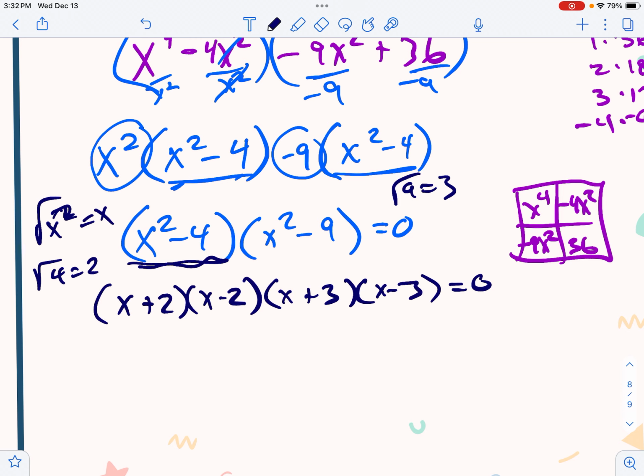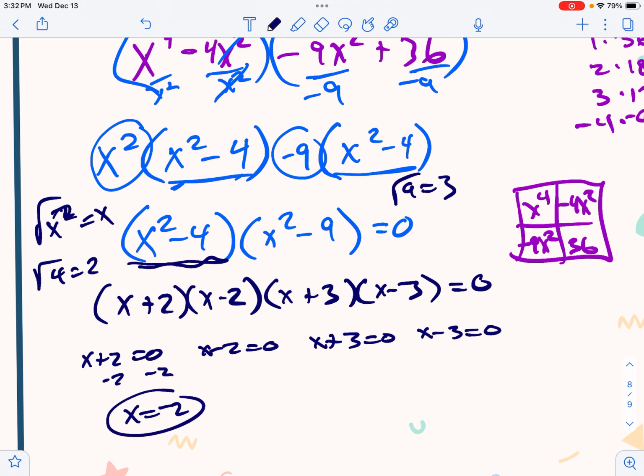Now I just have to set all my answers equal to 0 and solve. So x plus 2 equals 0, x minus 2 equals 0, x plus 3 equals 0, and x minus 3 equals 0. Subtract 2 from both sides, I get x equals negative 2.